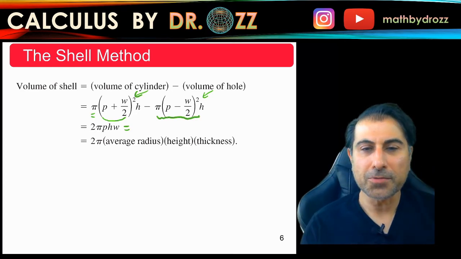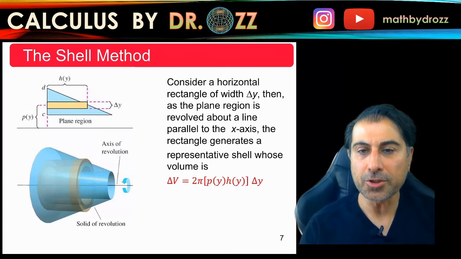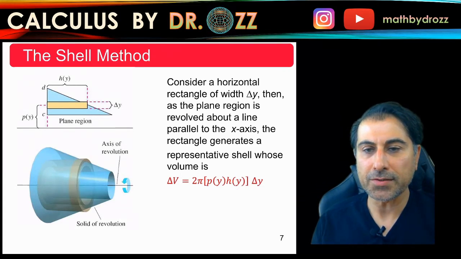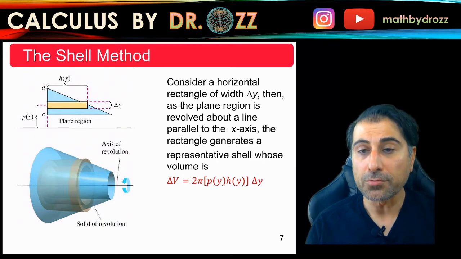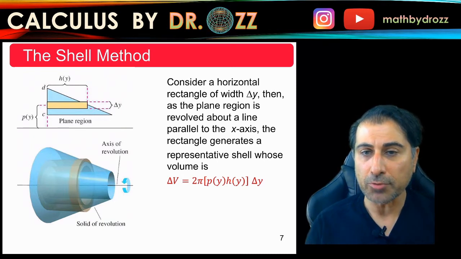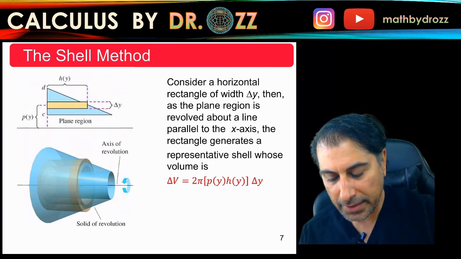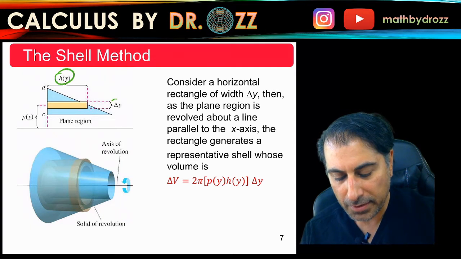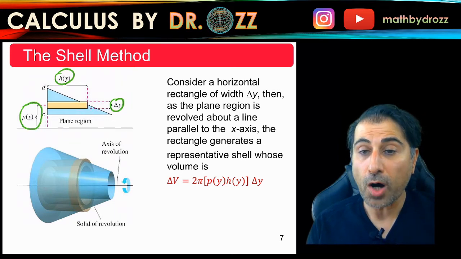All right, let's apply this idea to revolve a region around an axis of revolution. Let's say we have a triangular region to consider, and we take a representative rectangle of thickness delta y, and let's say its length is h, and the average radius is equal to p of y.